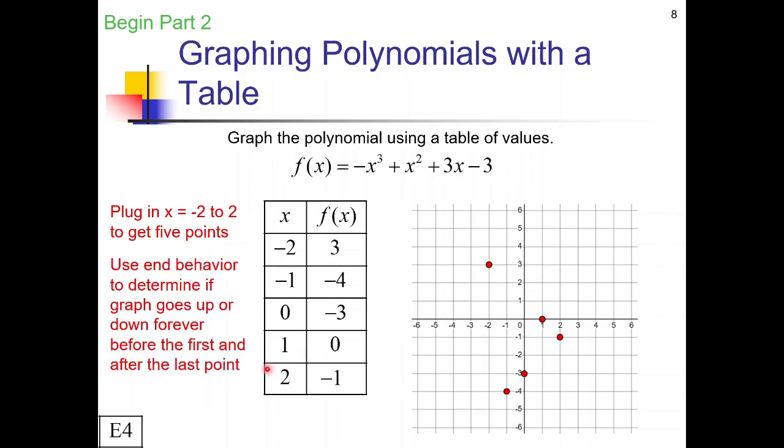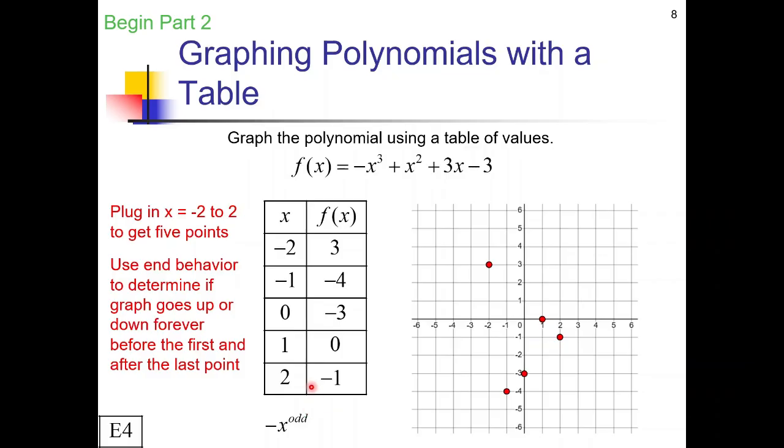So your next step is going to be to use the end behavior, again, using that lead term, to determine if your graph is going up or down forever before the first point and after the last point. So with that in mind, pause the video and see if you can use end behavior to figure that out, and then get the rest of the graph here. All right, so taking a look at my lead term, we have a negative x to an odd power.